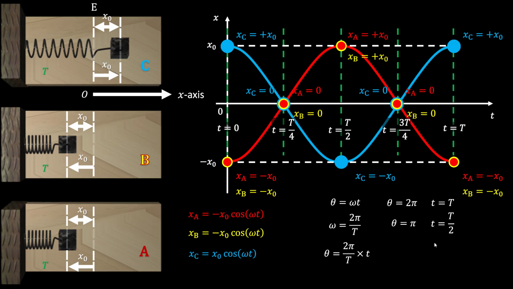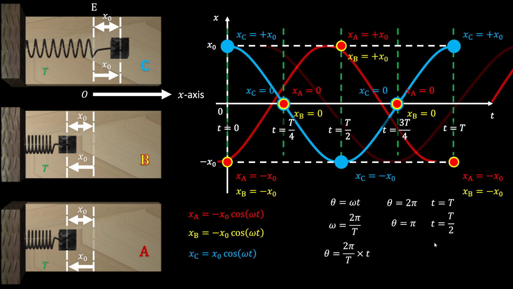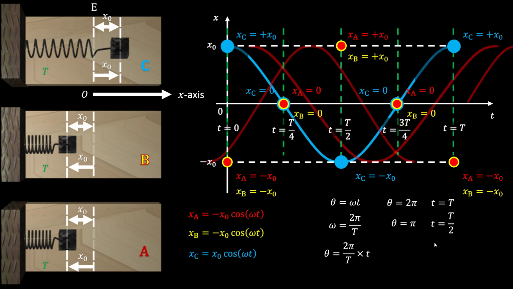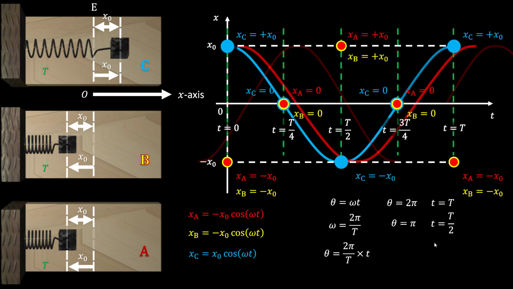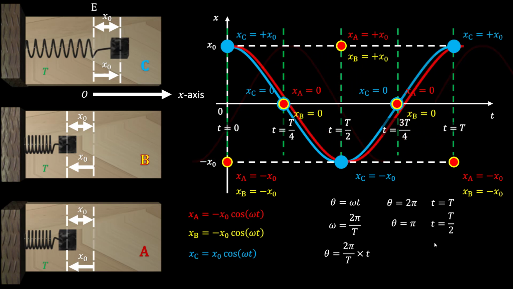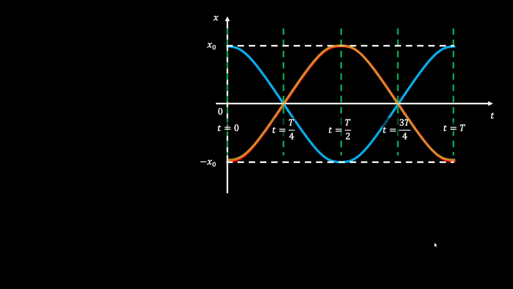By shifting the curves xA and xB by half time period, meaning half capital T, to the left, we obtain exactly xC. So we can say that cos omega t is equal to minus cos of omega t plus pi.